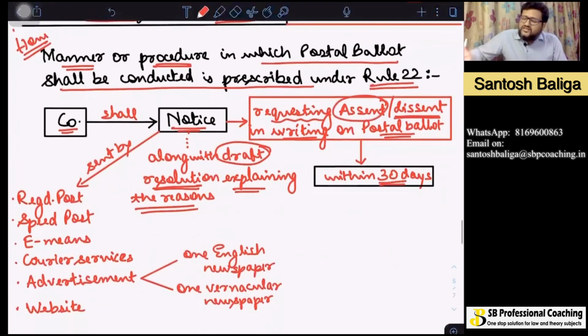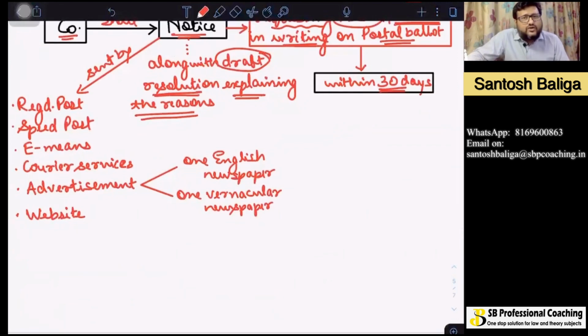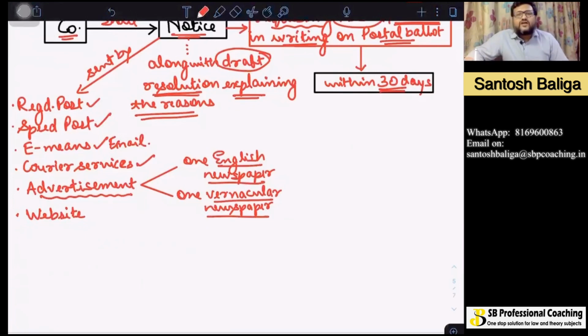Now, the notice shall be sent like any other notice of meeting. It has to be sent by either registered post, speed post, electronic means, normally it is email, courier services, and the company also has to publish a public notice by means of advertisement in at least one English newspaper and one vernacular newspaper in the local language where the registered office of the company is situated and has a wide circulation in such kind of an area.